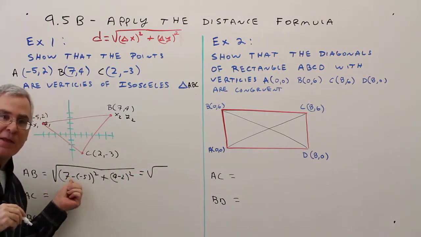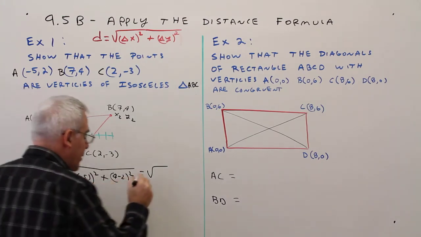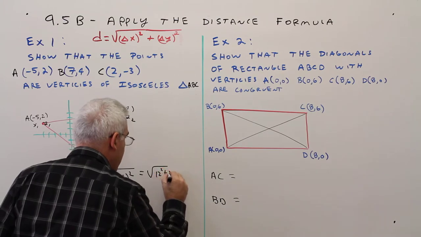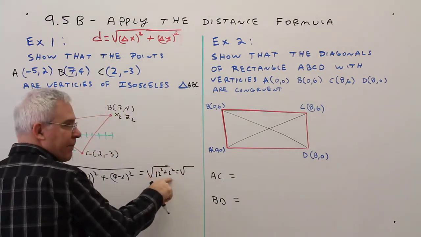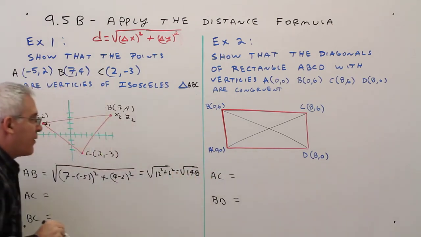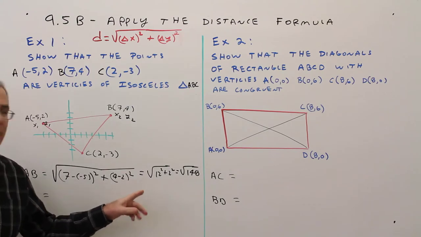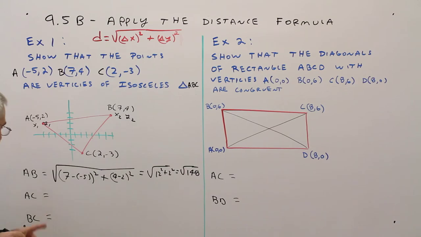Now a minus is a positive, so it's going to be 12 squared plus 2 squared. So it's going to be the square root of 144 and 4, so that's going to be the square root of 148. I don't have to worry about simplifying. I just have to show that they're the same distance. So I'll leave it in that form.